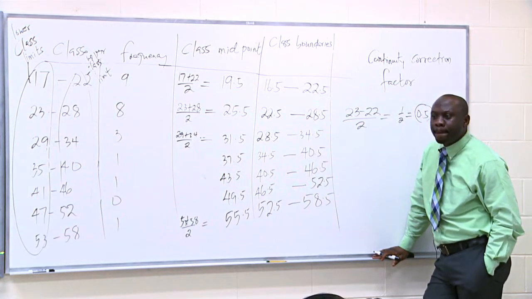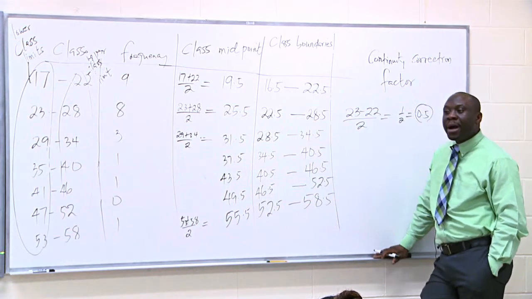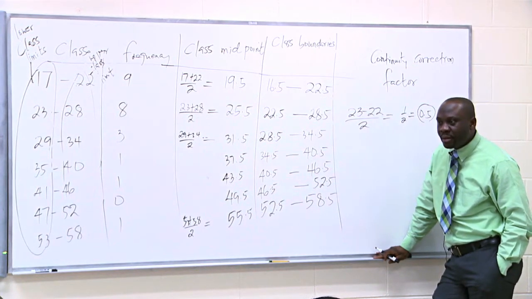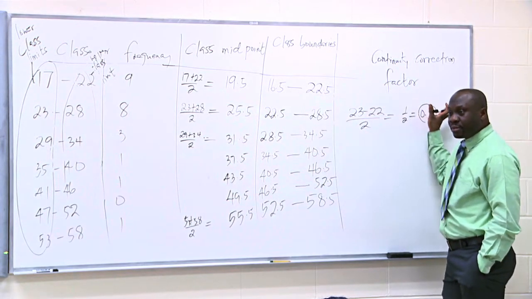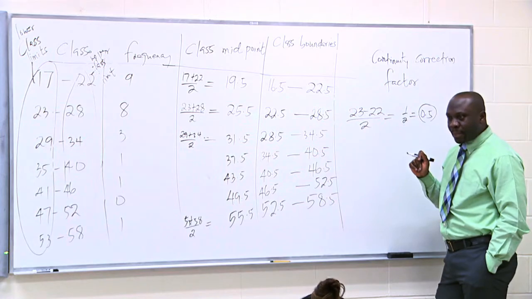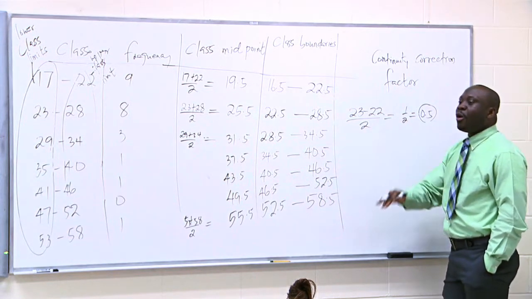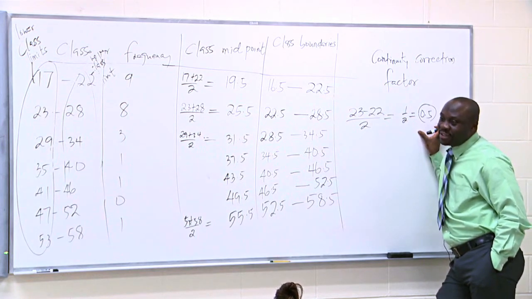Yes? So is the 0.5 the boundary that we got before? I'm not getting where we got the 16.5 to the 22. I got as far as the continuity correction factor, and then I'm totally lost. Awesome. So you're okay with the continuity correction factor?